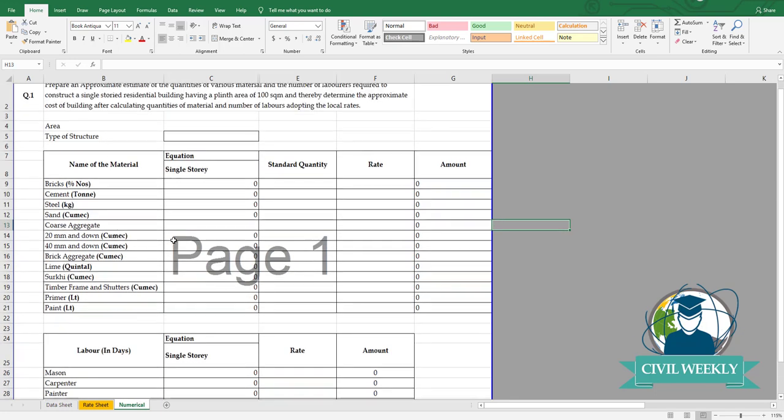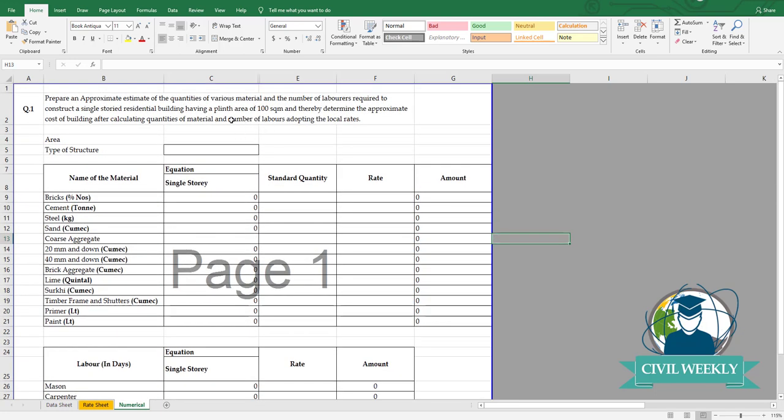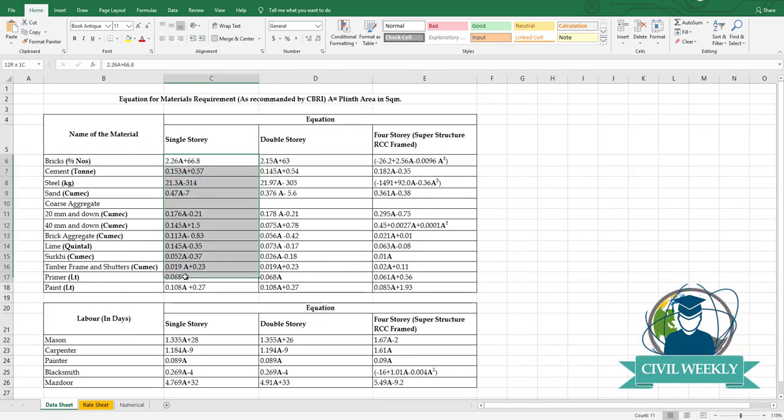So in this equation we have to substitute the plinth area, which is equal to 100 square meter. It is a single storied residential building, so these equations I will have to use, and I will substitute all this A with 100 because the plinth area is given to us as 100.